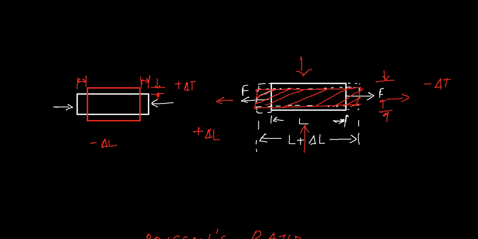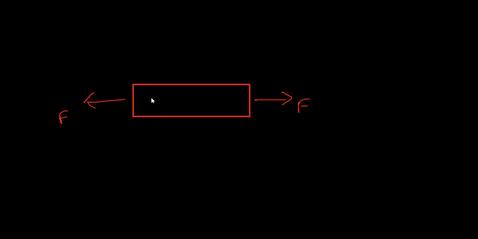So if a body like this is subjected to a tensile pull force like this, then it will naturally change its dimensions like this, which means there is an increase in length and a compression in width or thickness of the body, unless these sides are restrained from moving.